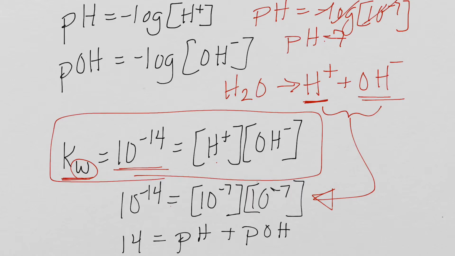So basically, if I have this value of negative 7 here, that gives me a pH of 7. And the pOH, because it is the same type of formula here, is going to give me a pOH of 7, which means that you have 7 plus 7 equals 14. And in a neutral solution, that makes sense.